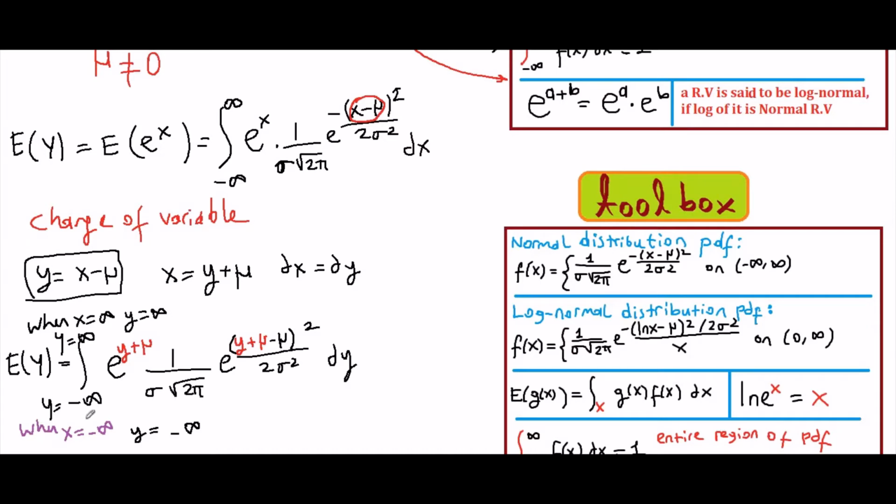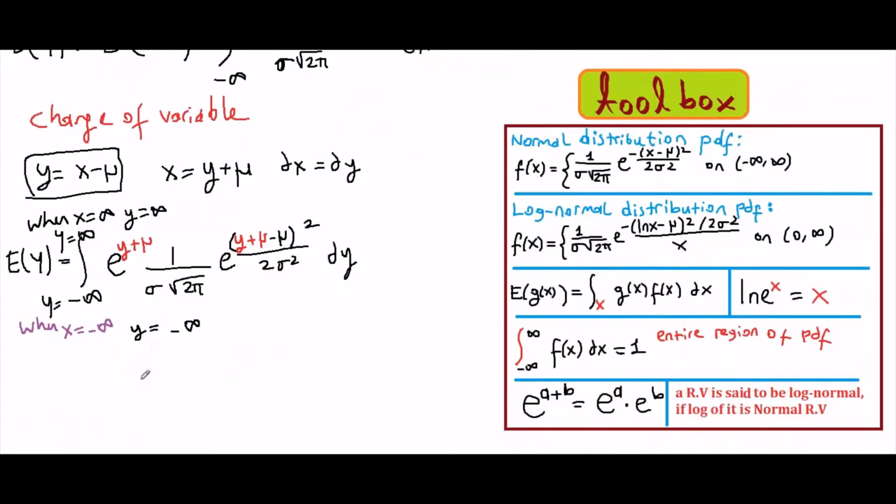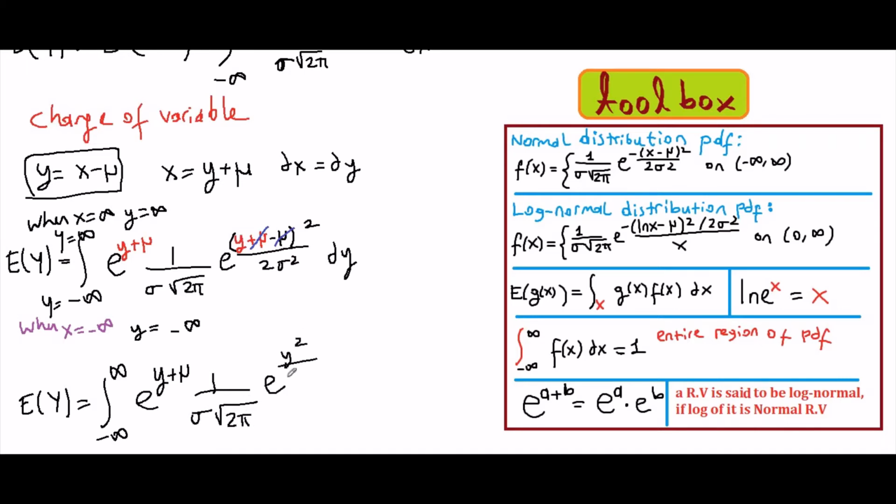So the limits of integration did not change, but you have to check it. Now let's do the necessary simplifications on the integral. Negative mu and positive mu cancel out. So we have the expectation of y equal to the integral from negative infinity to positive infinity of e to the y plus mu, 1 over sigma times square root of 2 pi, e to the negative y squared over 2 sigma squared, dy.